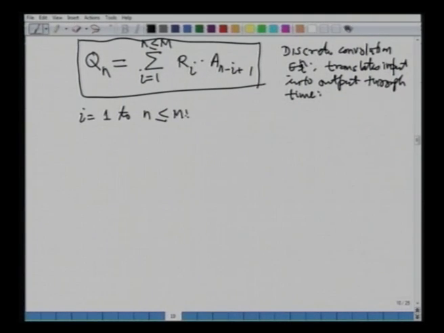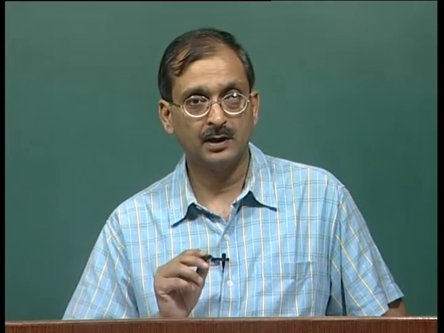What we mean by that is this summation will run from 1 to small n. What is small n? Small n is the index of DRH ordinate. It is not capital N. Small n will keep on changing from 1, 2, 3, 4, it will go all the way up to capital N, but small n is the index.